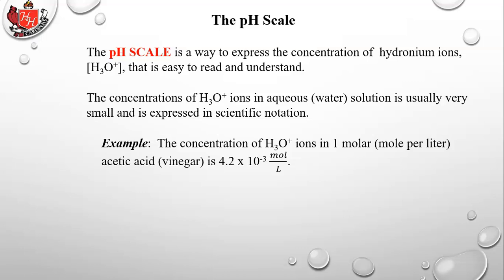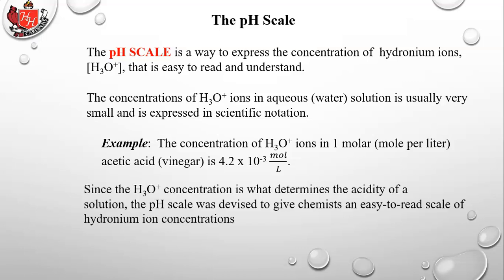Just to give that some perspective, a liter of water is 55.5 moles. So what this means is you have 4.2 10,000ths of a mole, a very small number, of acetic acid for every 55 moles of water. So the concentrations in acids are very, very small numbers.